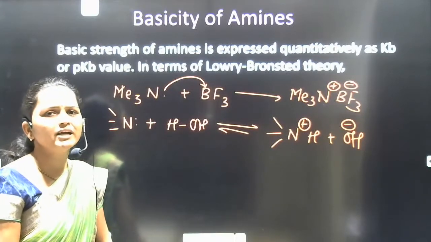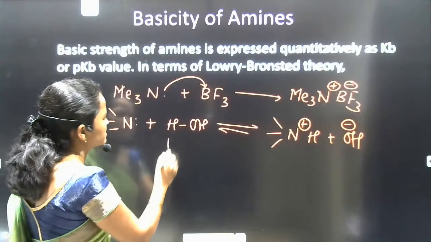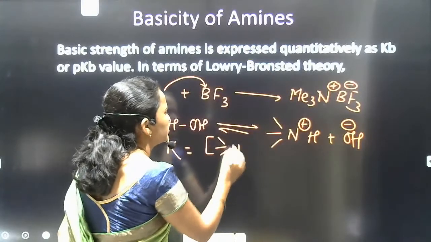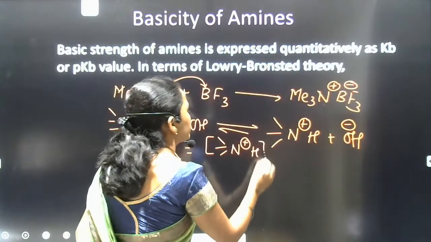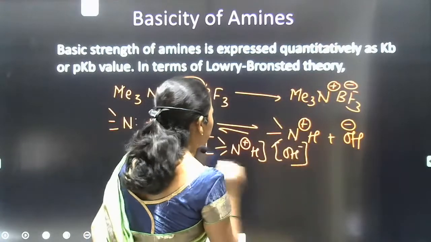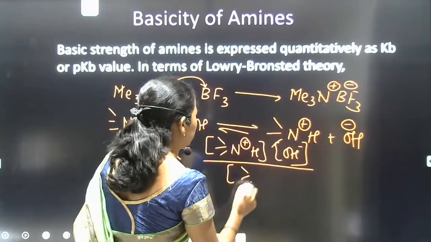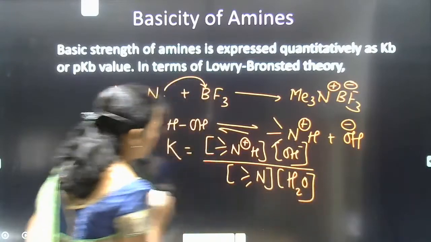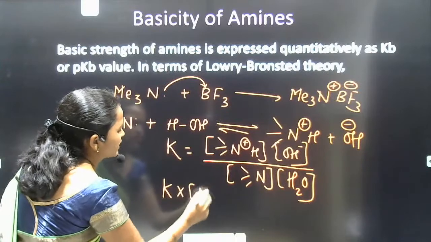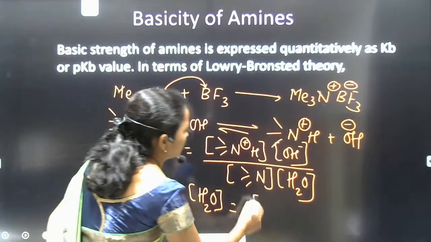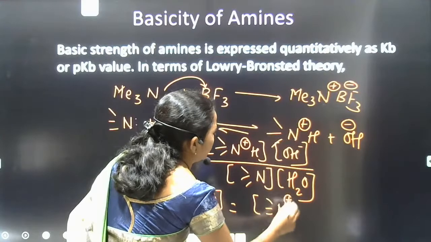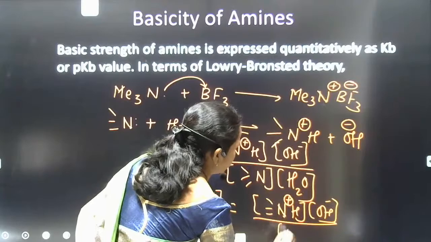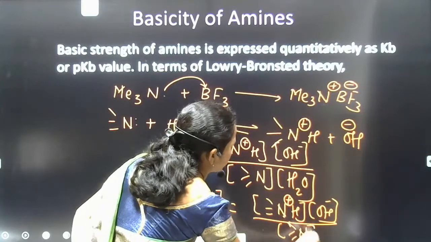So what are the Kb and pKb values? The equilibrium constant K is equal to the concentration of products divided by the concentration of reactants. So K into the concentration of H2O is equal to the concentration of N plus H times the concentration of OH minus ion, divided by the tertiary amine.